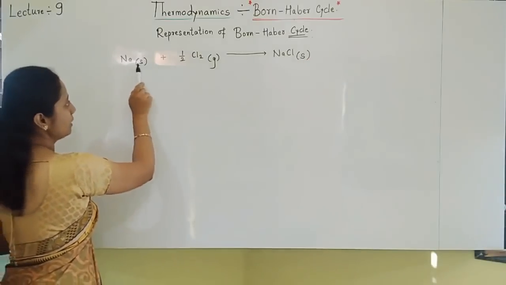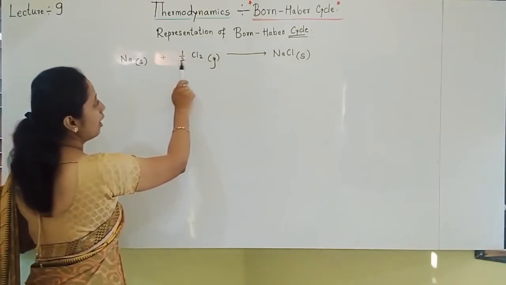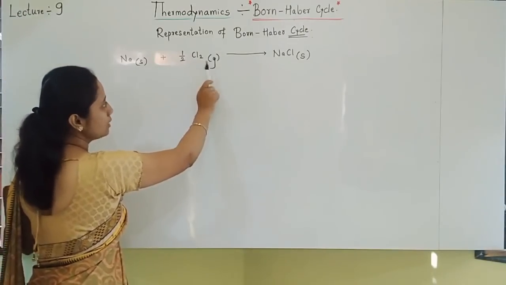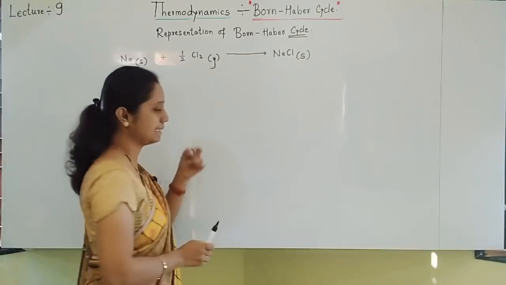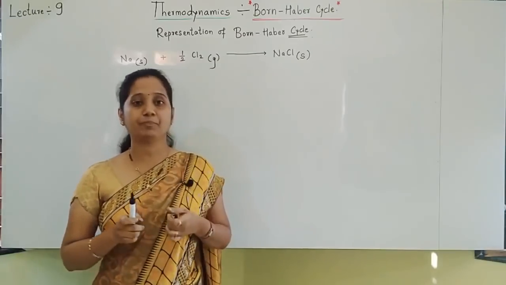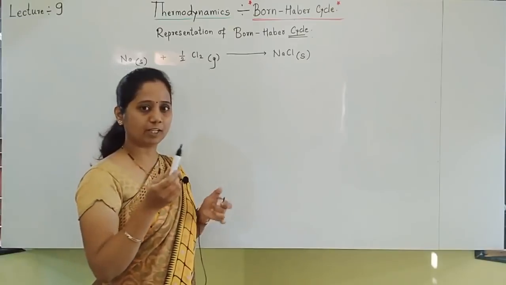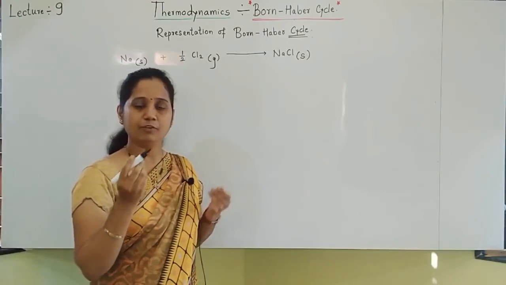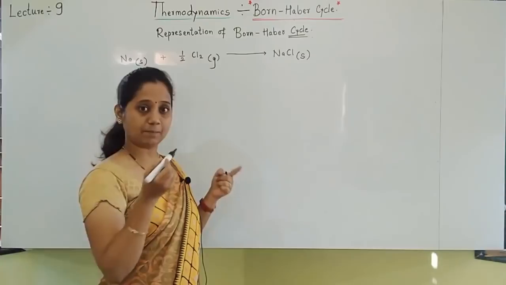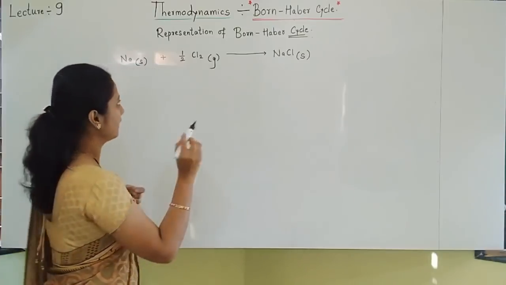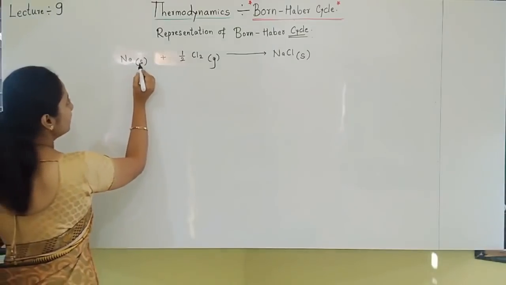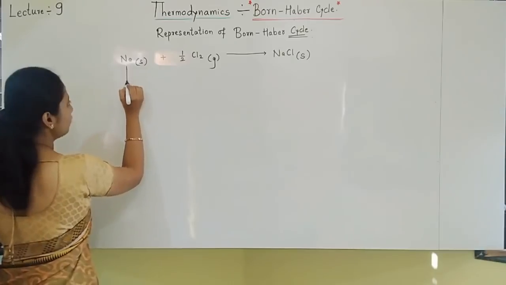It is formed from sodium solid plus half chlorine. Chlorine is always in gas form, and NaCl solid ionic compound is formed. How to draw the cycle, see. Whatever 5 steps we have written, that only we now show to make a cycle.